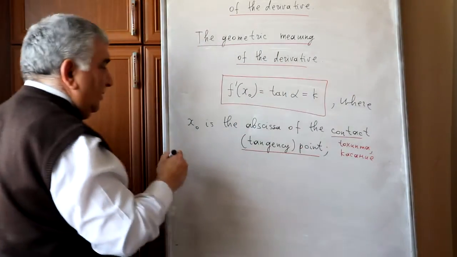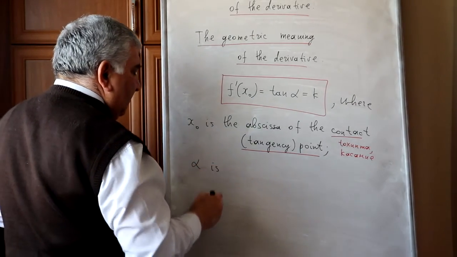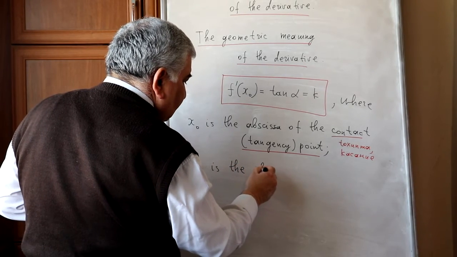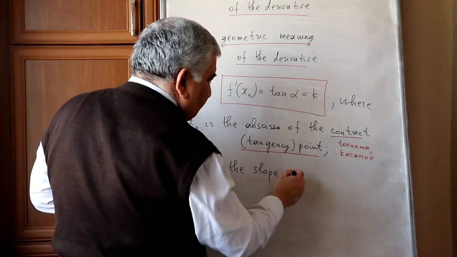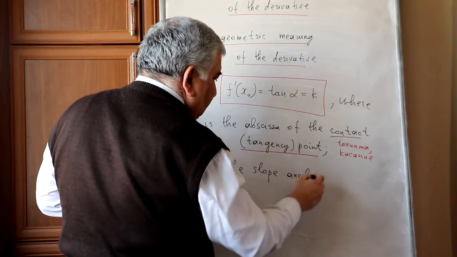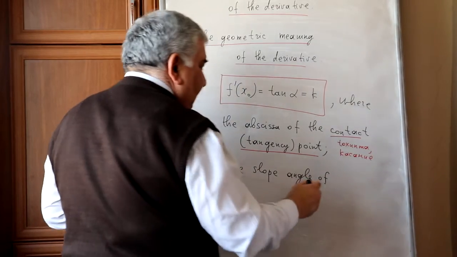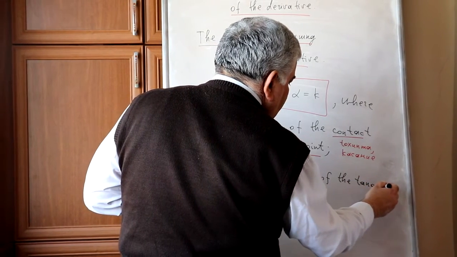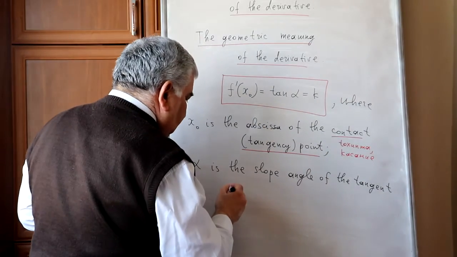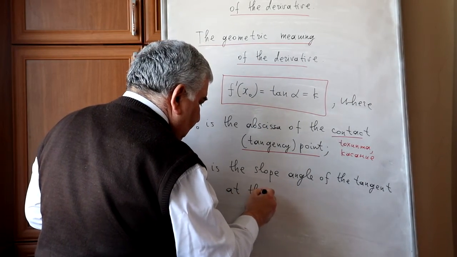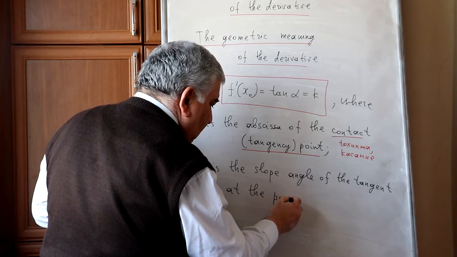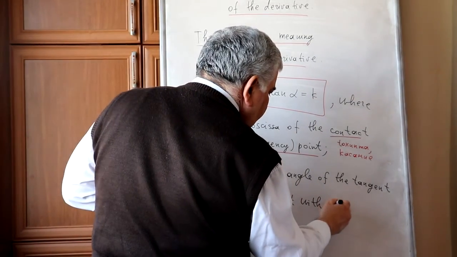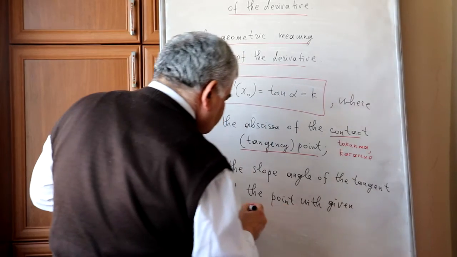Then alpha is the slope angle of the tangent at the point with given abscissa x sub 0.